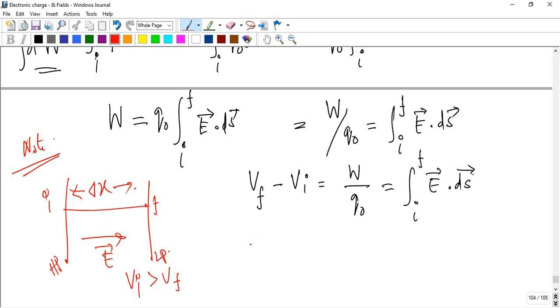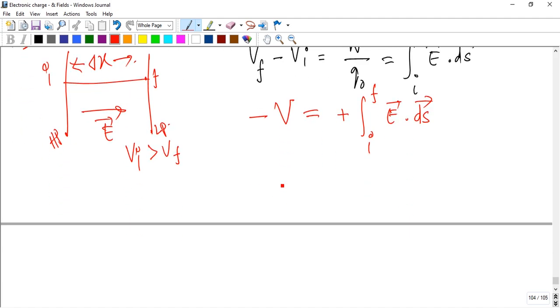So we get a minus potential, that is equal to minus, sorry, not minus, actually plus the integral from I to F of E dot ds. Next line we get V equal to minus the integral from I to F of E dot ds. If a small value minus a bigger value, we get a minus. So box that.